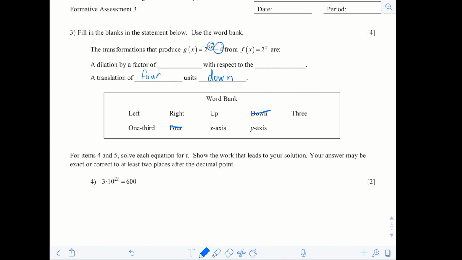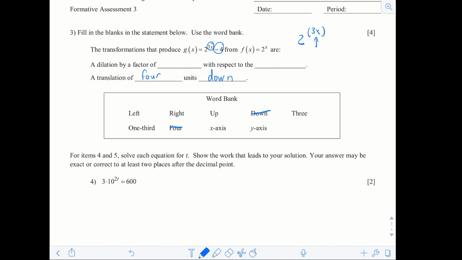Now, this 3 right here, since it is tied in with the parentheses, it would end up being 3x right there. So this is going to be changing something horizontally.